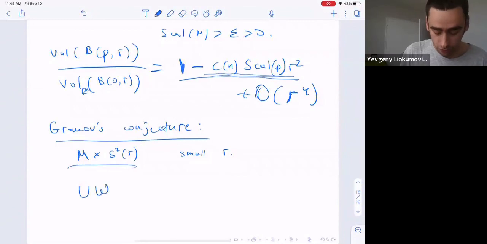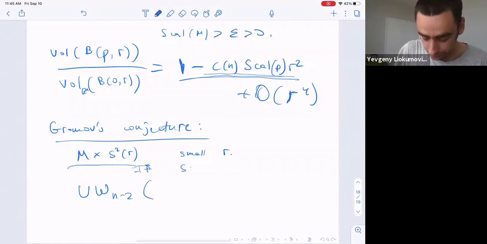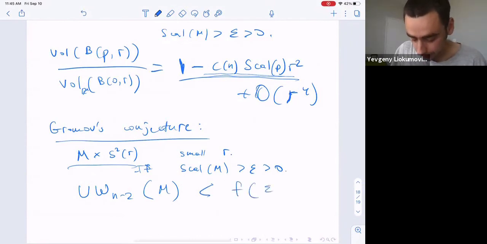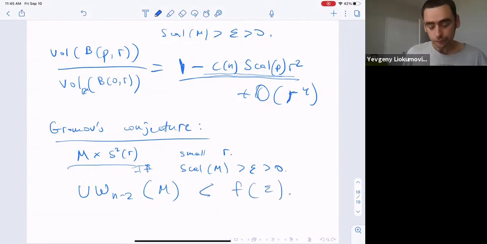Look at it this way: if the scalar curvature of M is uniformly positive, and M doesn't need to be compact, then the n minus 2-dimensional Urysohn width of M is finite, or even bounded by some function of epsilon. This is open for n minus 2. It's also open for n minus 1.